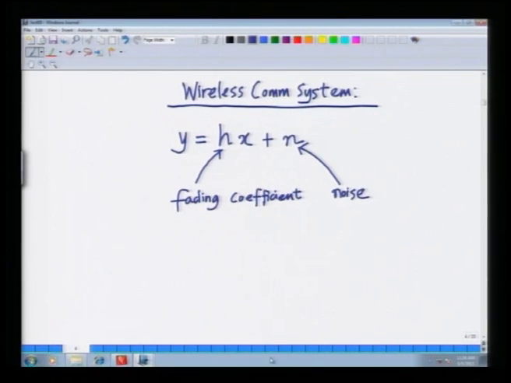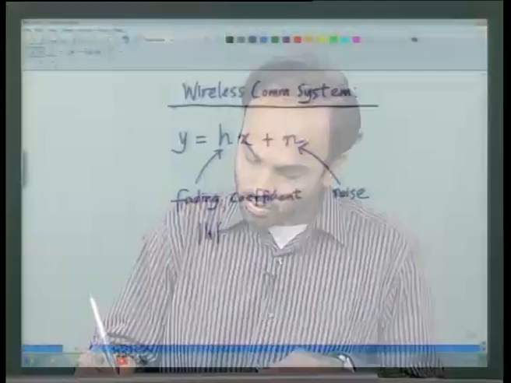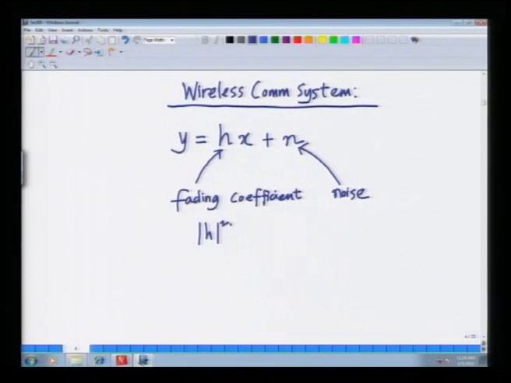Now, we said that the received power is the gain of the channel, that is norm of h square times P, where P is the transmitted power, and the noise power we said is sigma n square.